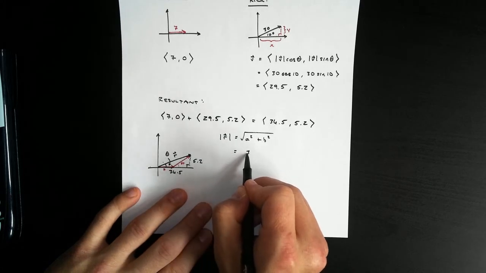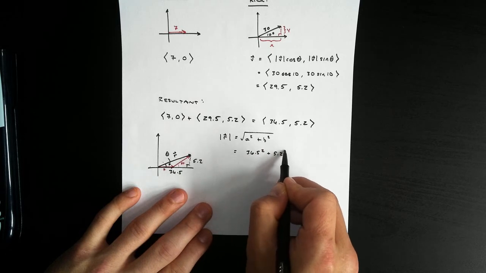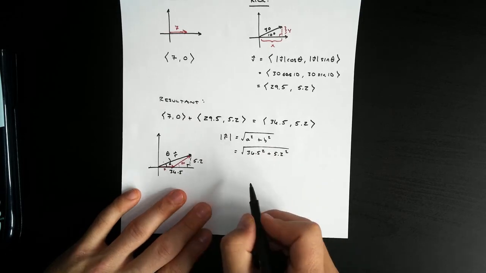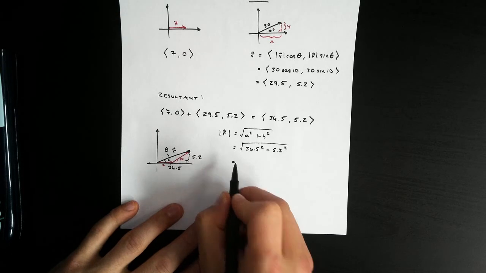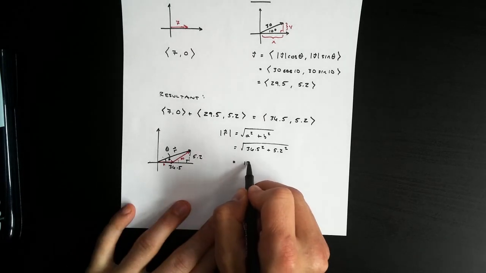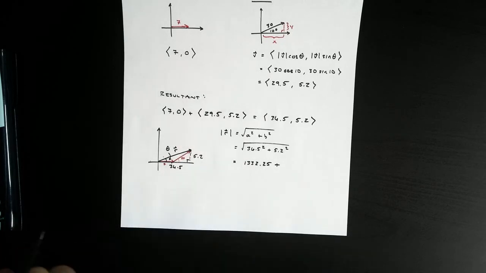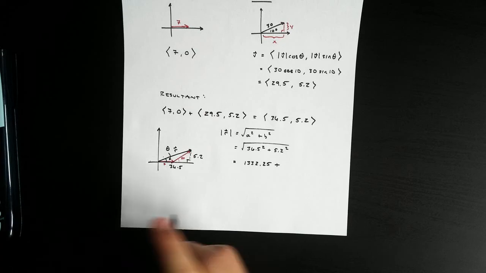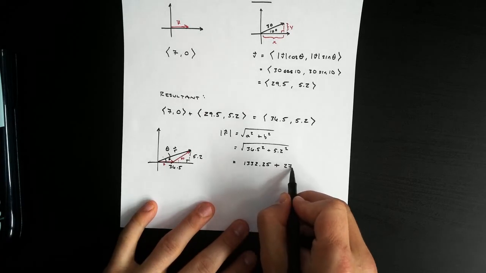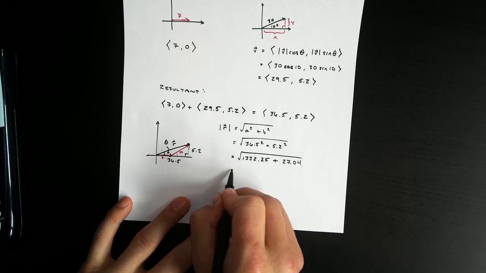So 36.5 squared plus 5.2 squared, square root of all that. 5.2 squared is 27.04, and then we'll add those together and take the square root.